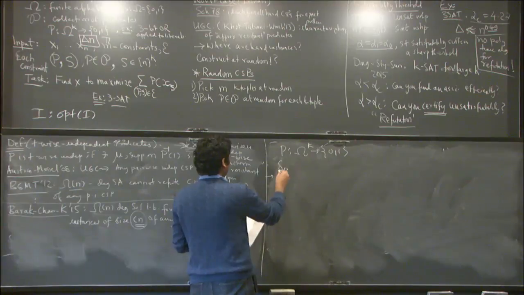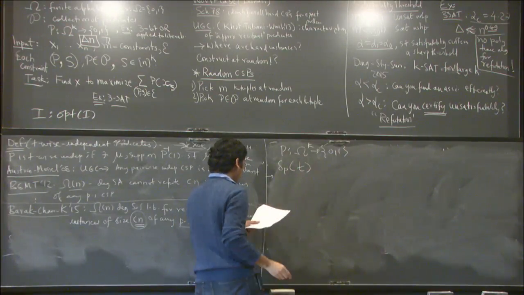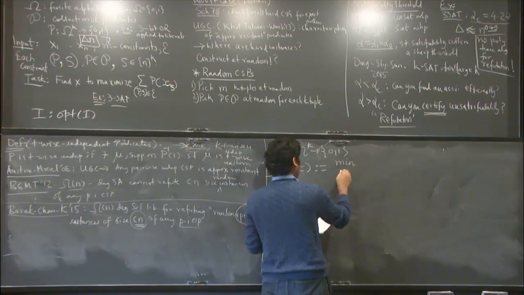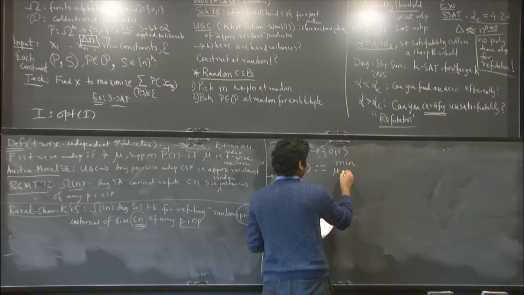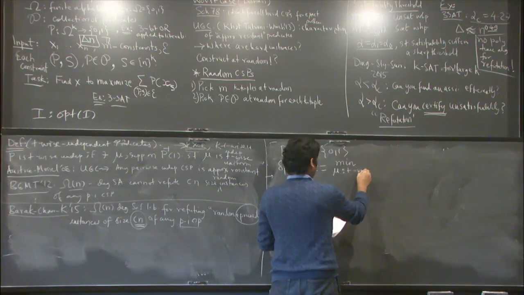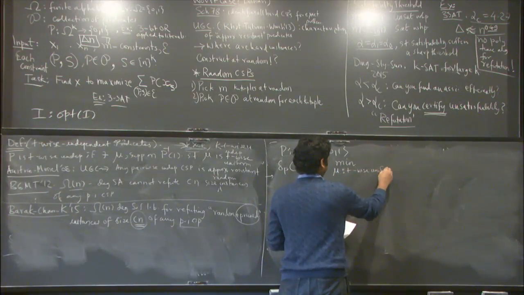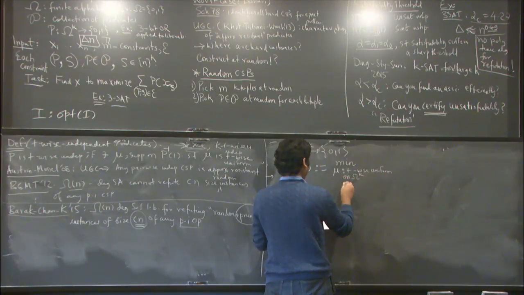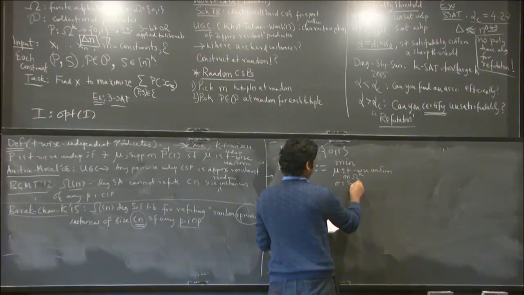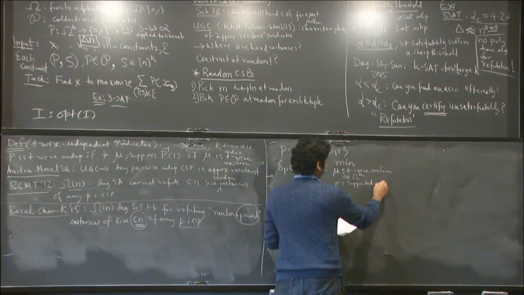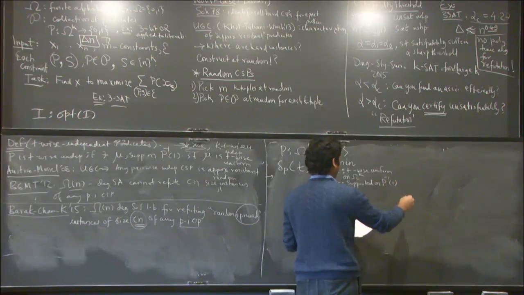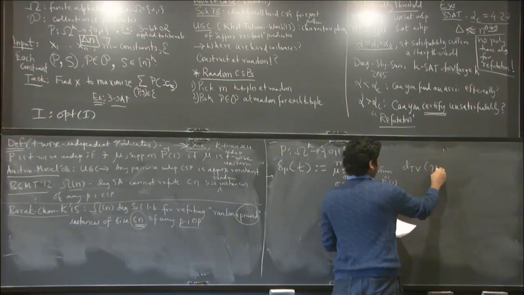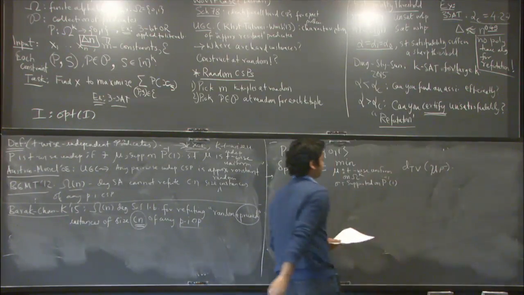I define δ_P(t) as the minimum over all μ and σ, where μ is t-wise uniform on Ω^k and σ is supported on P^{-1}(1), of the total variation distance between μ and σ.